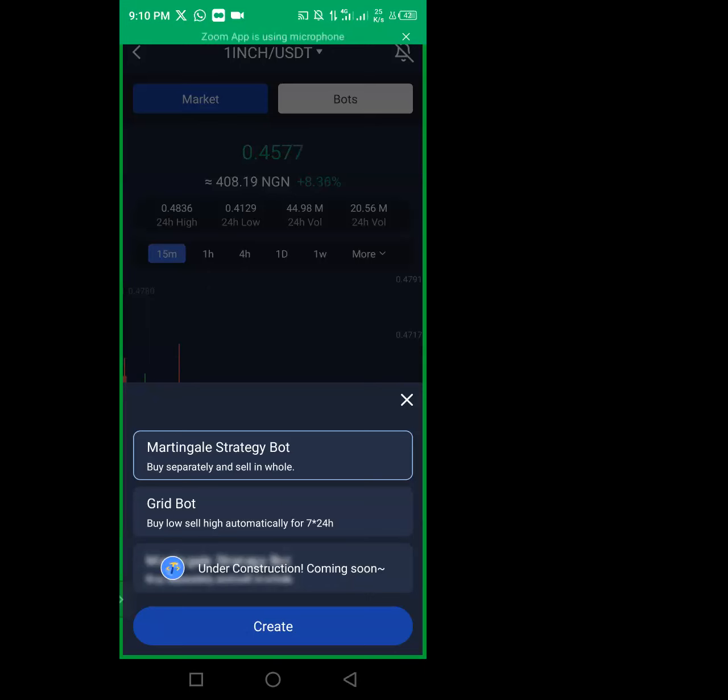That is what the martingale strategy is all about. If you come back and sell the 3 bags of rice at 50,000, you know that you have made profit from your rice business.